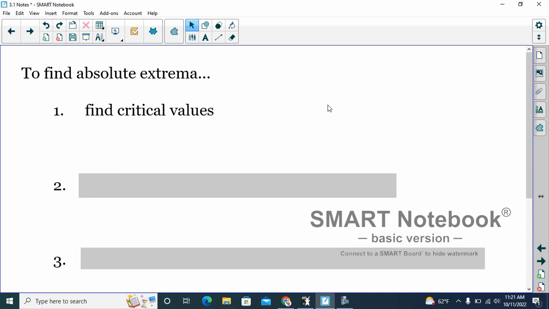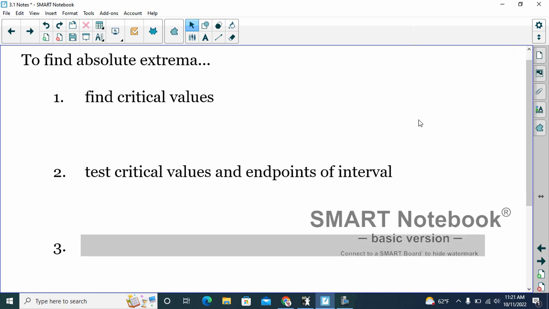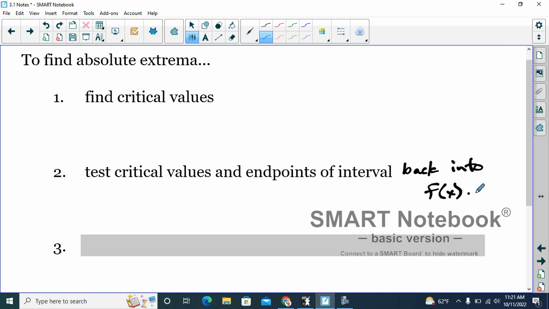If the derivative is undefined, we could potentially have absolute mins or maxes there as well. We are then going to test the critical values as well as the endpoints of the interval, and we are testing them back into the original equation. Basically, we're getting the y value of all the possible points where we might have absolute extrema.